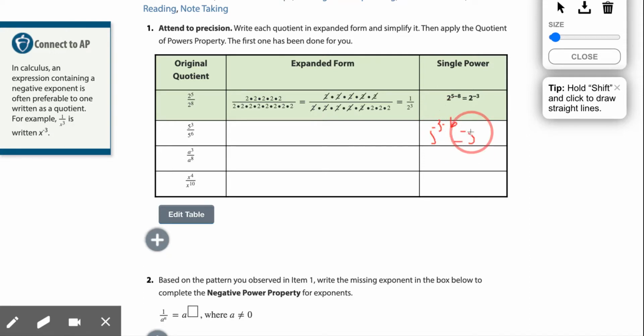Okay, it's the same rule we've been doing, but we're going to tell you what the negative numbers actually mean when they're in the exponent in just a second. A to the 3rd divided by a to the 8, well, that'd be 3 minus 8. That'd be a to the negative 5. And then x to the 4th divided by x to the 10th, that'd be 4 minus 10, which is negative 6.